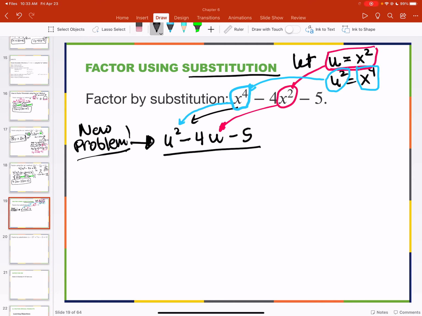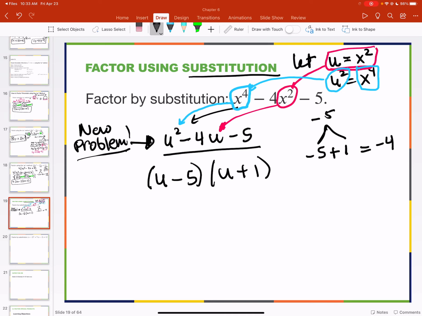If you do that, that's not bad. We can do the regular, a is equal to 1 method. So for negative 5, what are the factors of negative 5 that when combined together give me negative 4? If you said negative 5 and a positive 1, you're correct. So this factors into u minus 5, u plus 1. This is like the simplified AC method.